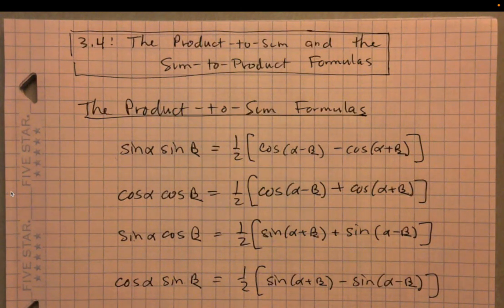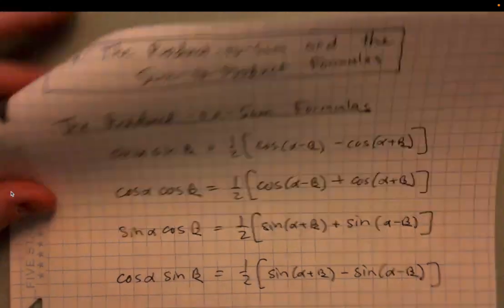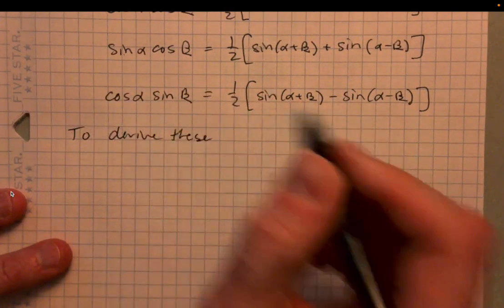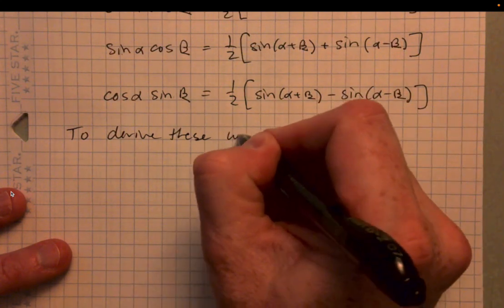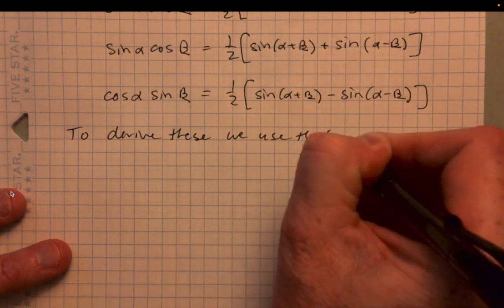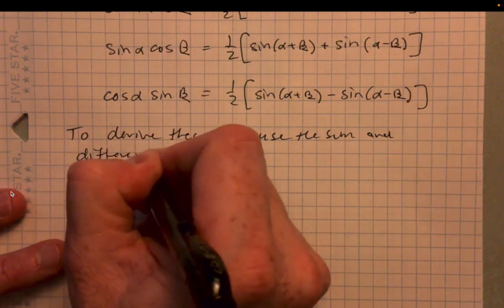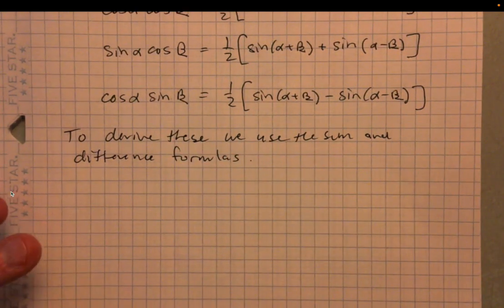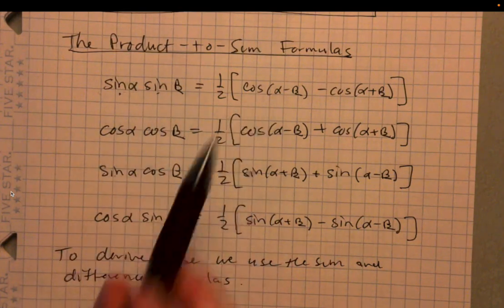Okay, and the derivation of these is going to be very straightforward. To derive these, we're going to use the sum and difference formulas. So let's say I'm interested in deriving sine alpha sine beta, this first one.